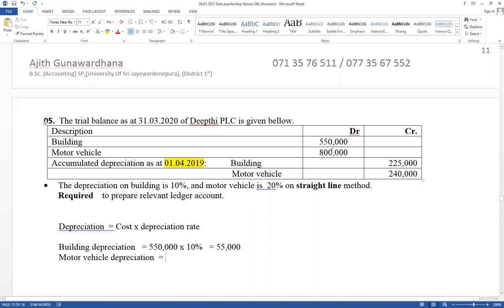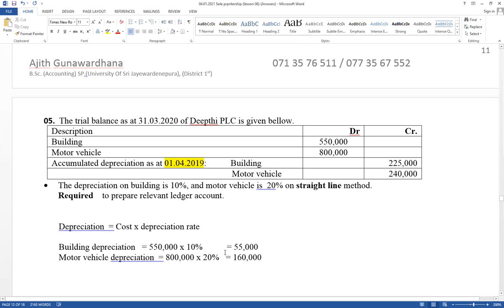Based on cost value into 20%. Straight line basis. And 20%. Take the answer. 800,000 into 20%. Value equal 160,000. Therefore, this is the annual depreciation.